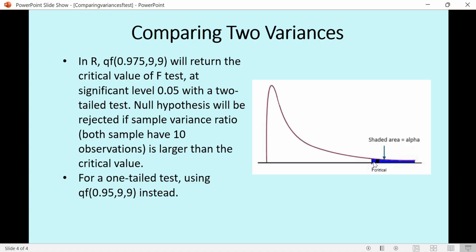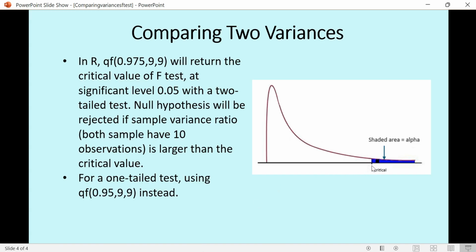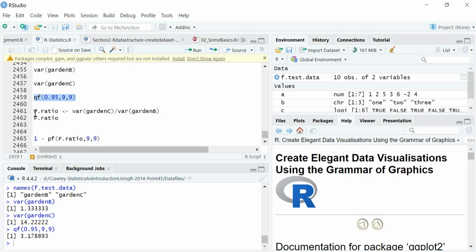The blue area has 0.05 probability, and we calculate this critical value, then compare the sample ratio with it, right? So we run qf 0.95, with both degrees of freedom 9 and 9. This critical value is 3.17, which means that the probability on the right side of this critical value is 0.05.